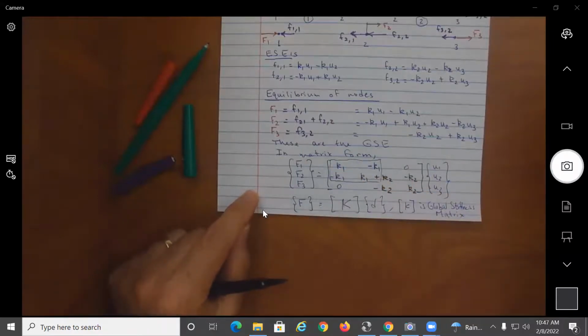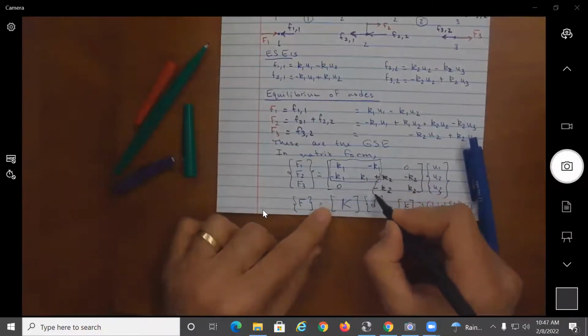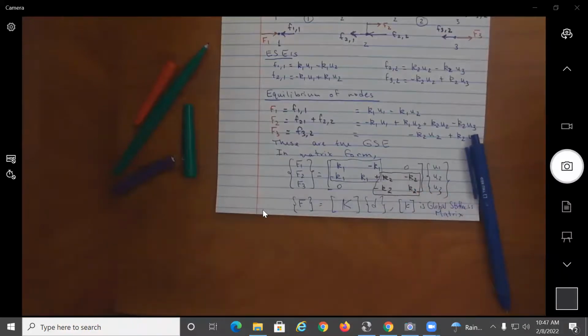This is the stiffness matrix of element 1, and this is the stiffness matrix of element 2. They are superimposed together, or we can think of it as the summation of the two element stiffness matrices, where each element goes to its proper location corresponding to the displacement it is relating to.